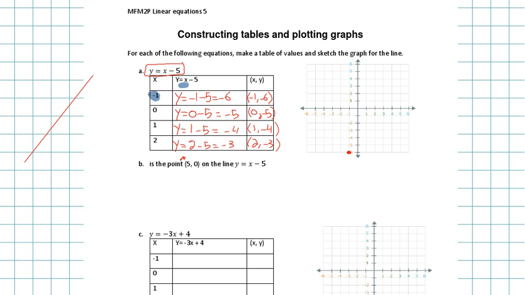The second point is 0, -5, so it's right here. The third point is 1, -4. And then 2, -3.